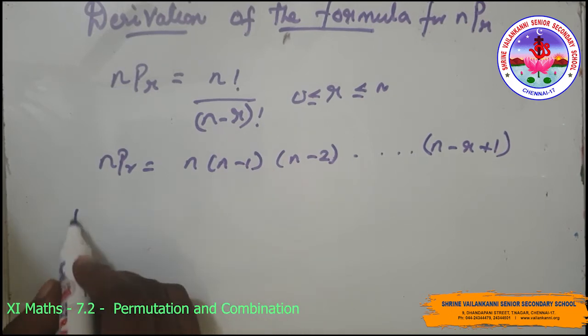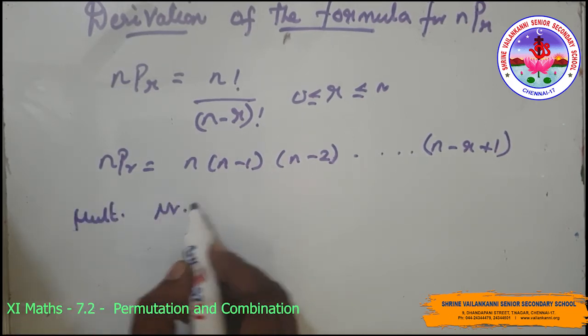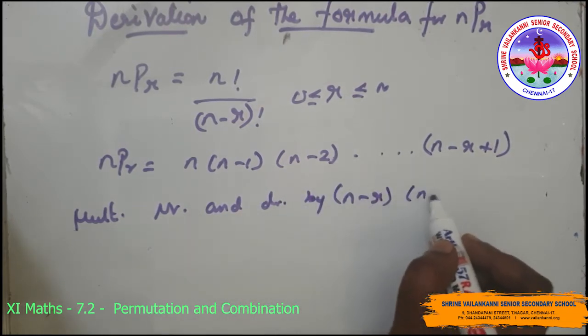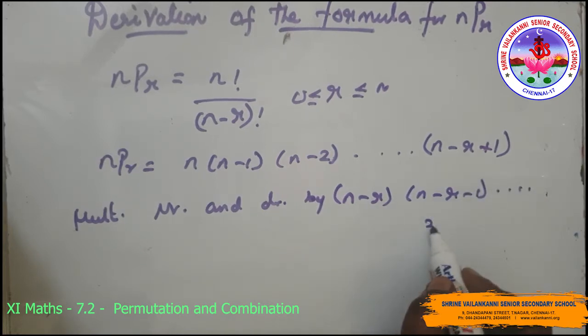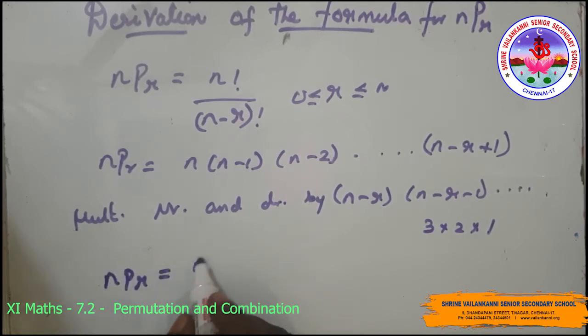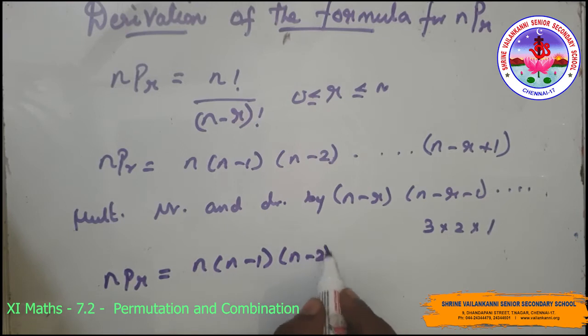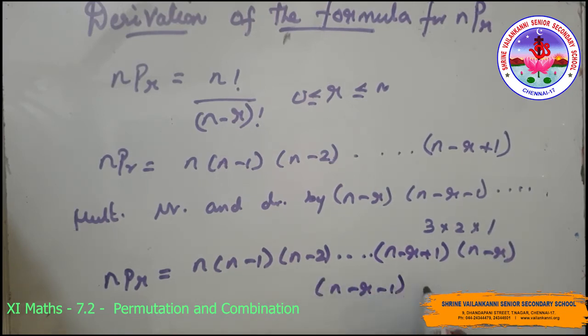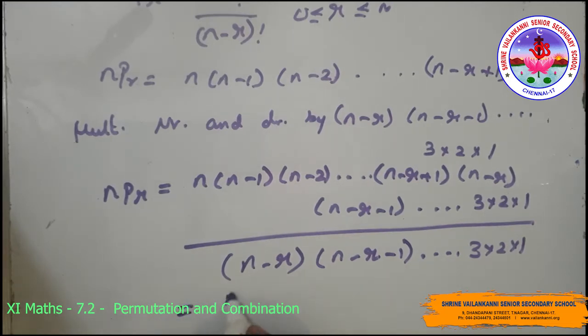Multiplying the numerator and denominator by n minus r into n minus r minus 1 etc. 3 into 2 into 1, so that we can get nPr, which is equal to n into n minus 1 into n minus 2 etc. n minus r plus 1, n minus r into n minus r minus 1 etc. 3 into 2 into 1 whole by, so which is nothing but n factorial by n minus r factorial.